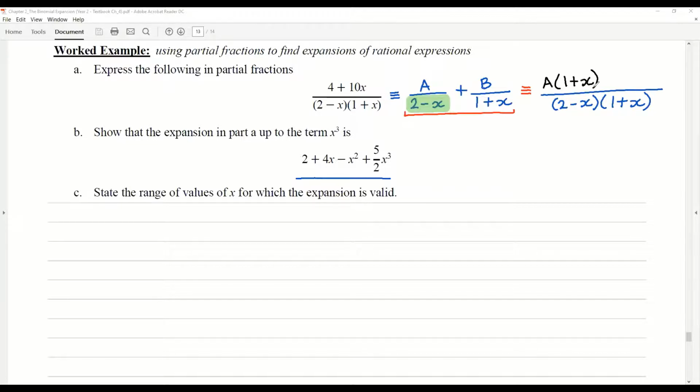And remember, if you cover up the 1 plus x in the numerator and the denominator, it cancels down to the a over 2 subtract x. All right, and then same idea for b. The denominator in b, as it stands in our partial fraction, is missing a factor of 2 subtract x, which is featured over here. So we need to multiply the numerator by 2 subtract x. So let's do that.